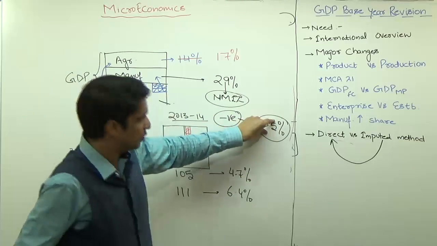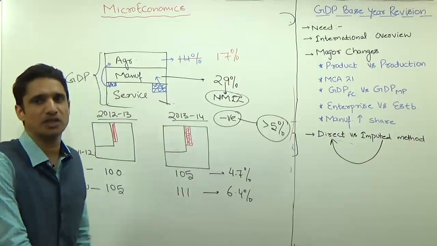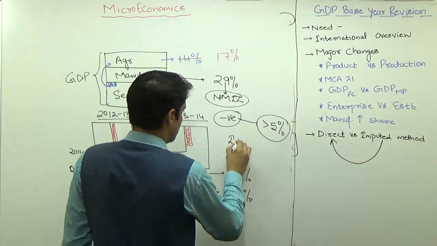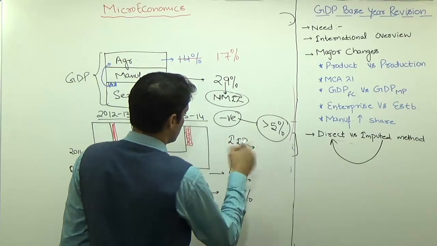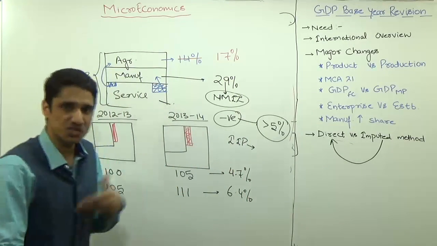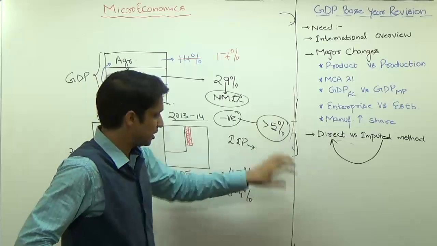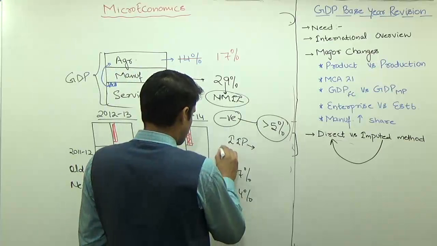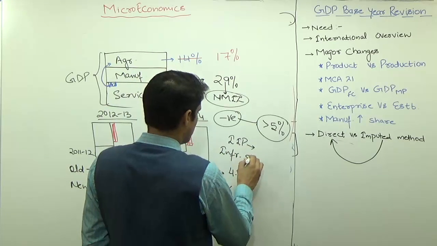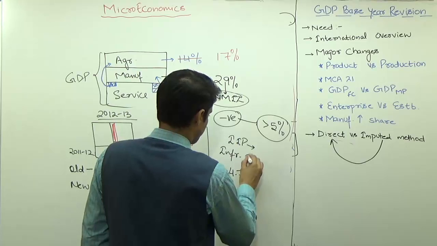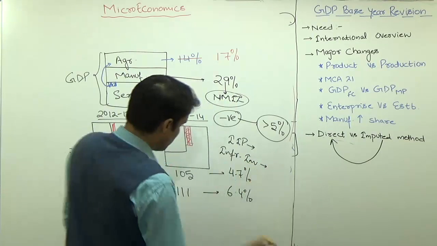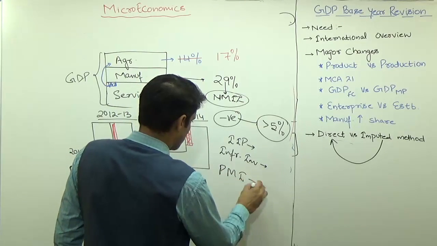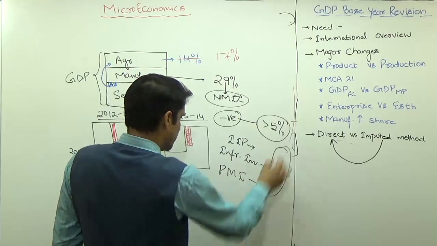GDP is only one way to measure the growth and development of the economy. There are a few other indices, just like we have IIP, the index of industrial production, which also calculates whether the industries are increasing or decreasing. All this we will discuss in the industrial unit. Then we have investment in the infrastructure sector. Then we have the PMI index, which measures the increase or decrease in export. All these were negative.